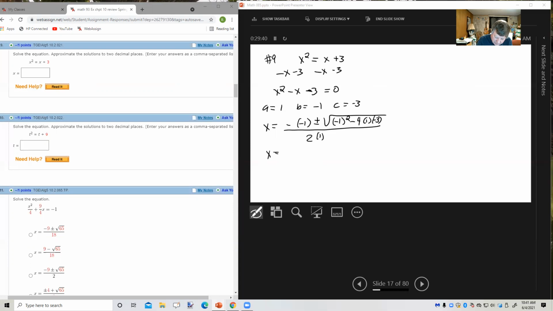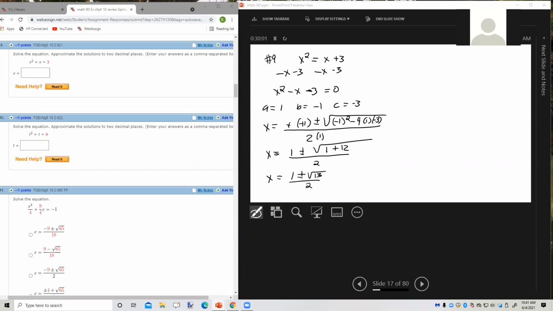X equals, well, negative times negative is positive, so 1 plus or minus the square root of 1 plus, because -4 times 1 is -4 times -3 would be +12, all over 2. So x equals 1 plus or minus the square root of 13 all over 2.